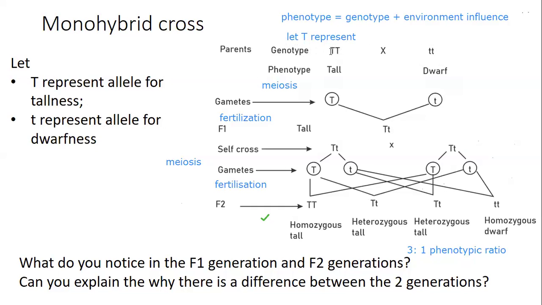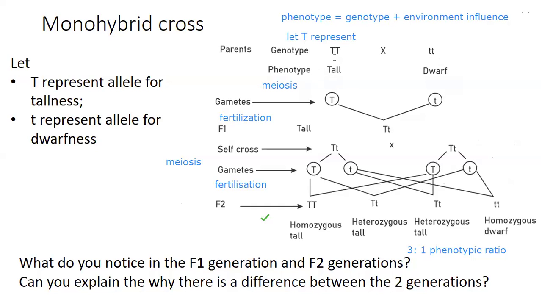Then we can go ahead and use our symbols. If this one is appearing tall and it's a pure breed, then it must be homozygous capital T. And if this one is a pure breed and it's appearing as a dwarf, then it must be homozygous small t, because pure breeds are always homozygous.